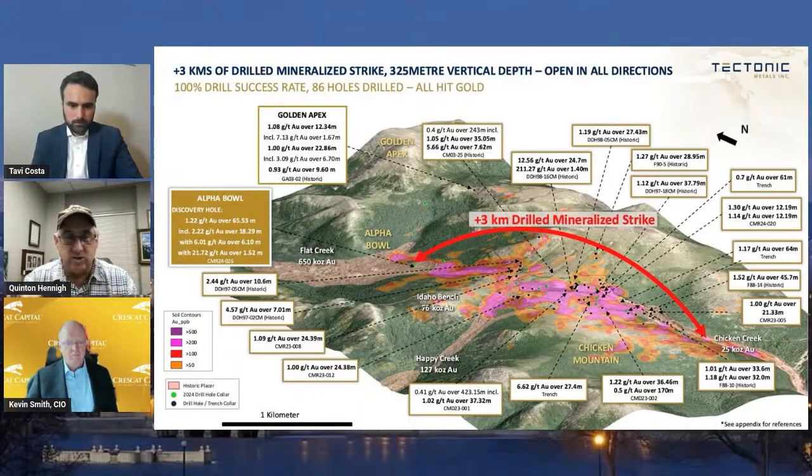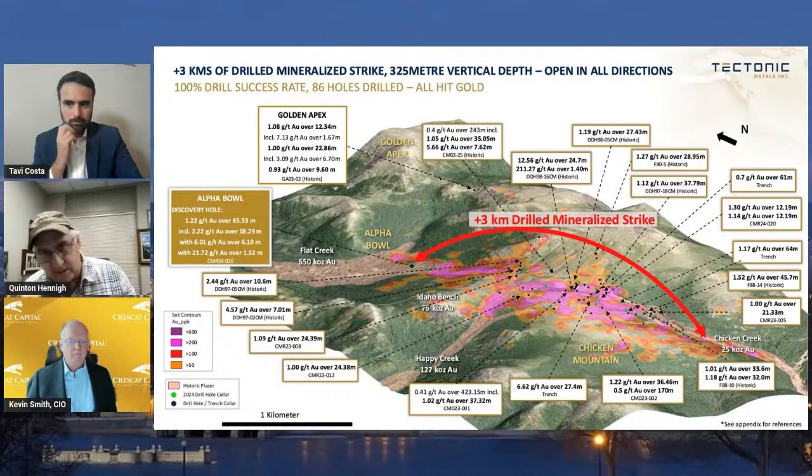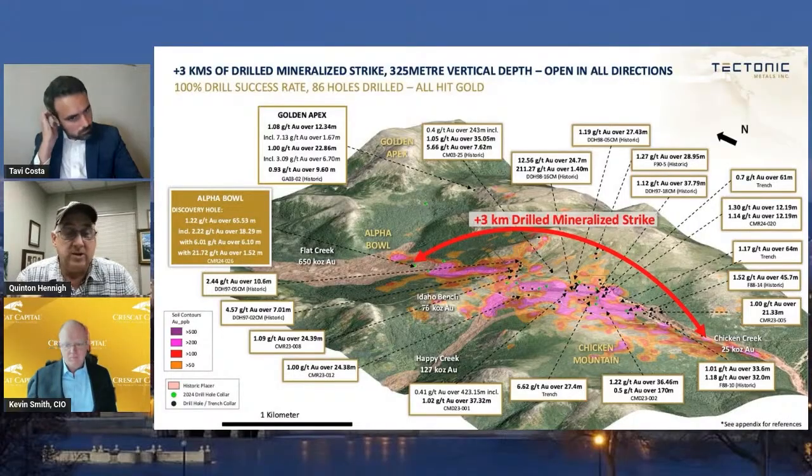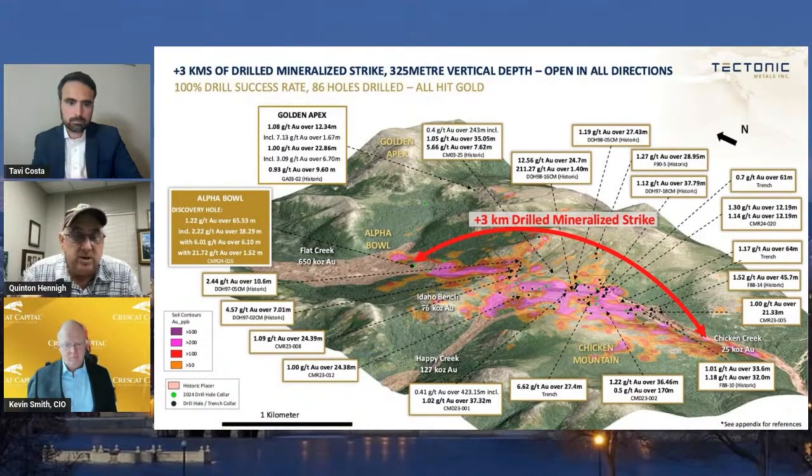I think it's dangerous to start talking about how Alpha Bowl is different than Chicken Mountain. They're all the same thing. They're all part of the same system. And I think there's enough room here that this is going to be an absolutely extraordinary discovery at the end of the day.